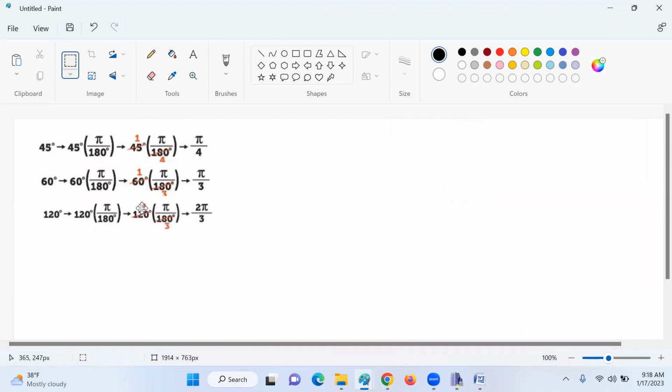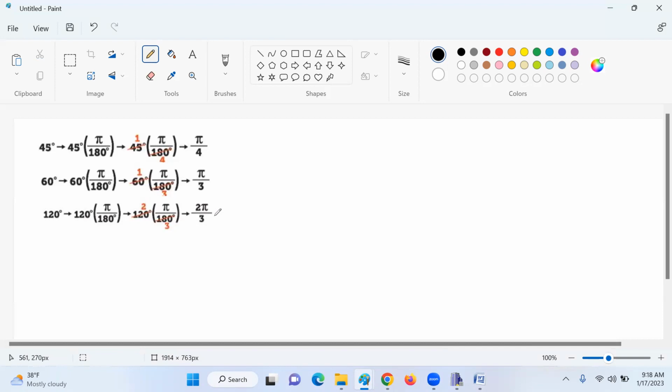Why not multiply by 180 over pi? Because the units must be the same on the top and the bottom in order to cancel out. If you multiply by 180 over pi, it cannot be canceled out with the degree. So the 180 has to be in the bottom so we can cross them out. And then we have 2 over 3, we divide both sides by 60.